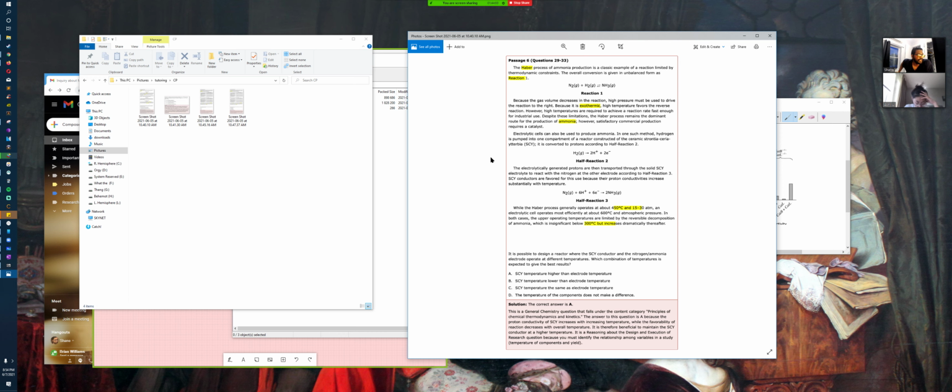I think they meant electrode maybe, but okay. To react with nitrogen at the other electrode, according to half reaction 3. SCY conductors are favored for this use because their proton conductivities increase substantially with temperature.